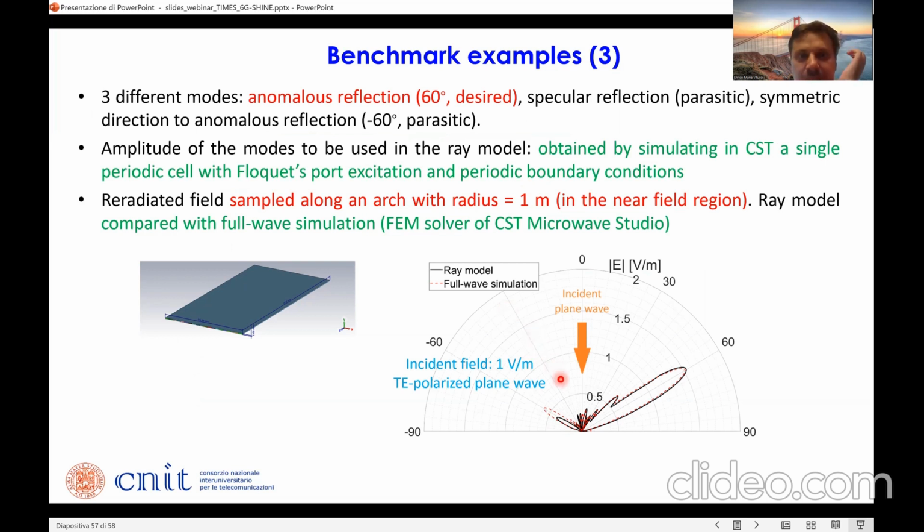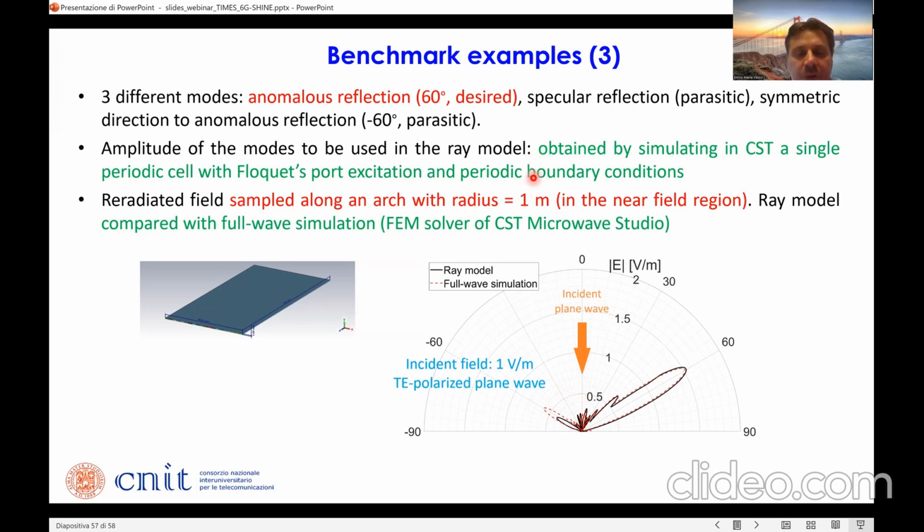The other one is the parasitic radiation mode at -60, so basically on the other side of the radiation plane with respect to the normal. And the third one is the specular reflection. So we also have a specularly reflected mode, which is also called the zero mode.